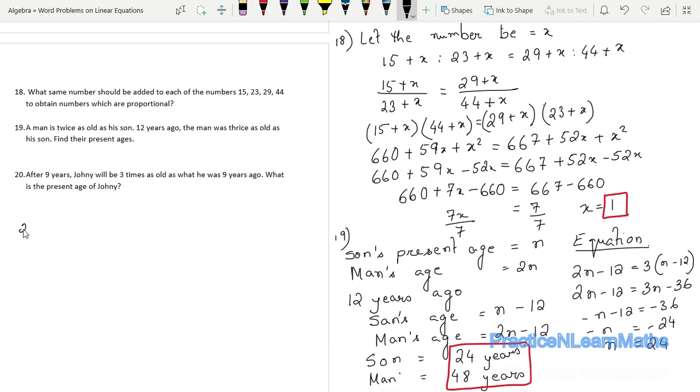Okay, sum number 20. After 9 years, Johnny will be 3 times as old as what he was 9 years ago. What is the present age of Johnny? So, present age of Johnny is x years.